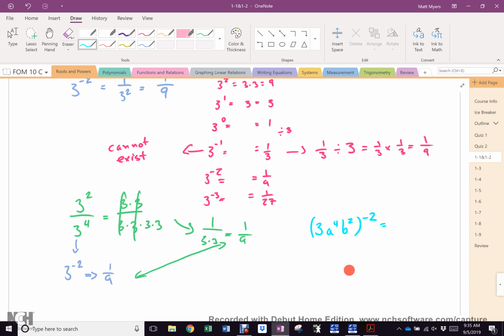Does every rule still apply? Yes, it does. I'll wait a moment, then I'm going to ask somebody to tell me what they did first. Not the answer, just what you did first.